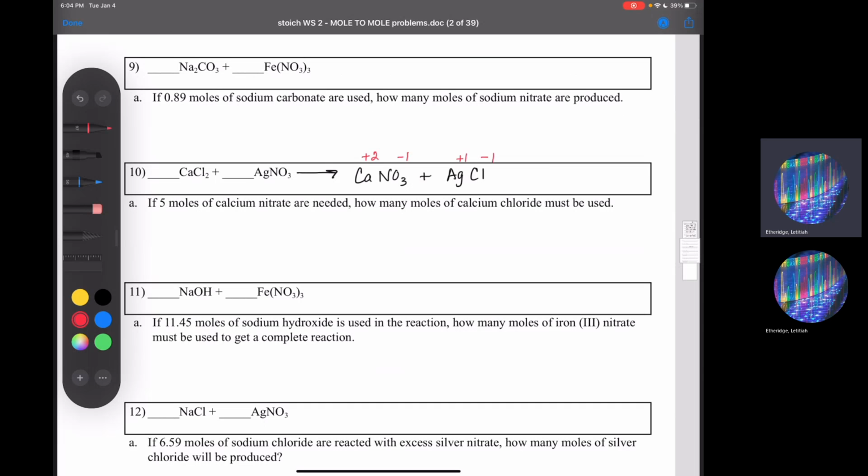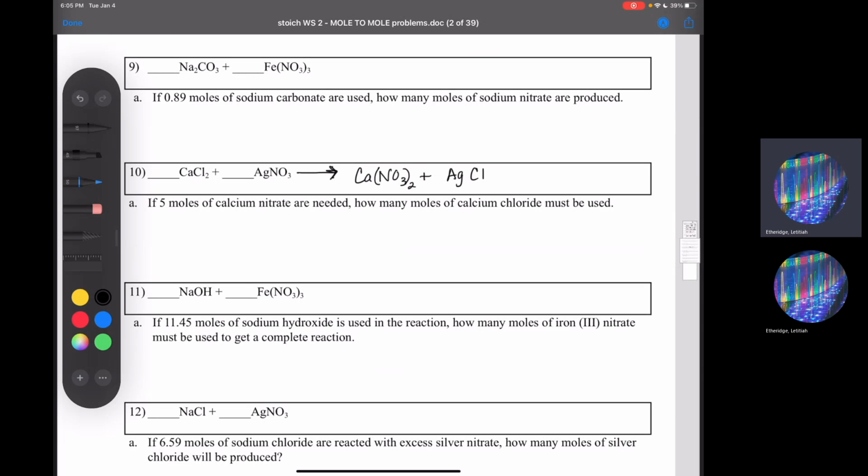So if we were to write the correct formula, it would be Ca(NO3)2, and then silver chloride is correct. Okay, please make sure that you always do that to make sure that your balance is going to be right. Because if your balance is thrown off, then that means that your calculations are going to be thrown off for your mole ratio.